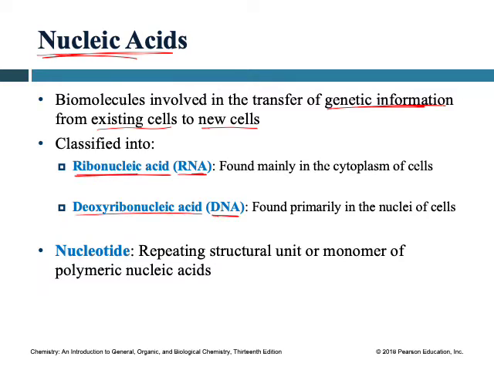RNA is normally found in the cytoplasm of the cell, and DNA is normally found in the nucleus of the cell. So let me show you how the cell looks. This is the cell. Within the cell you have a small area covered by a membrane. This is your cell membrane. This is the nucleus, which is why we call it the nuclear membrane.